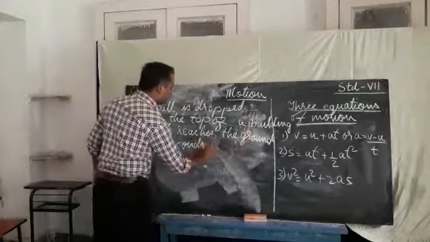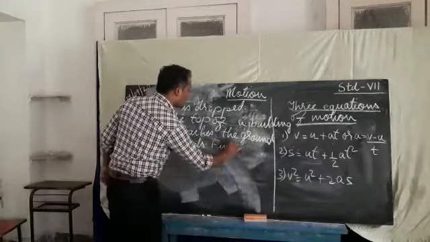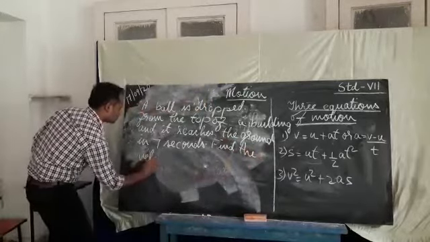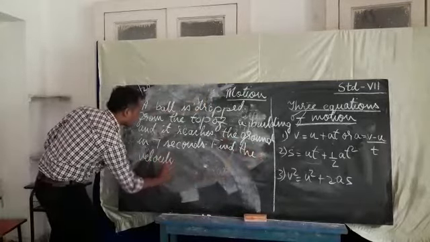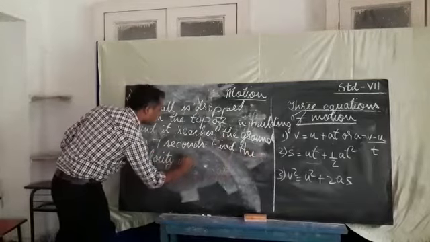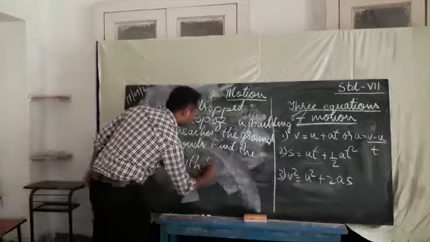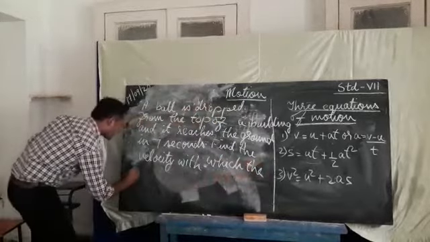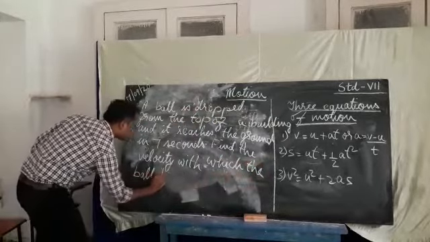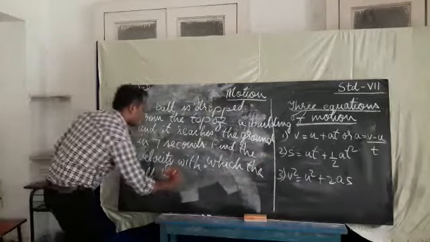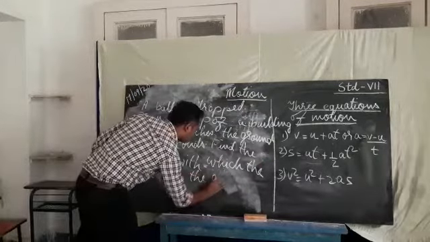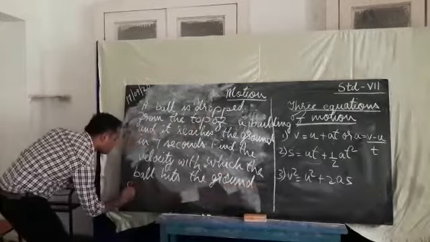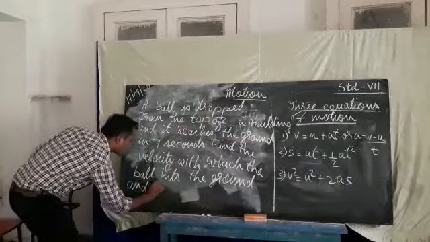Now you have to find the velocity with which the ball hits the ground and the height of the building.